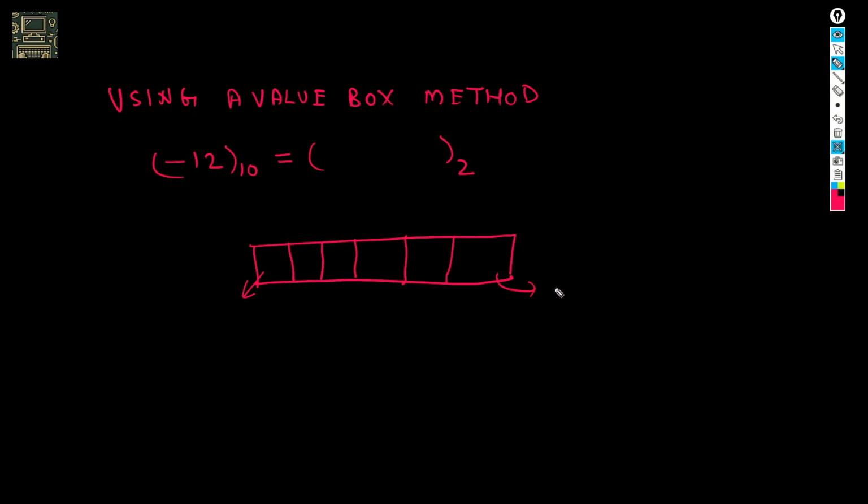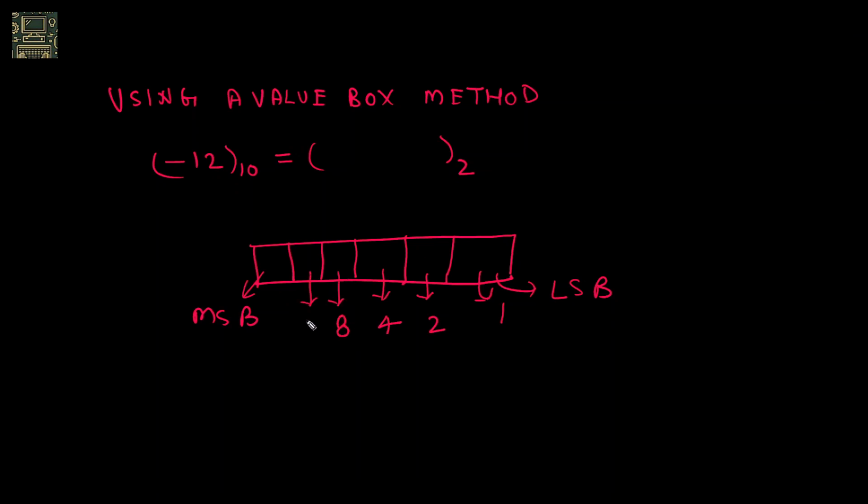This is the least significant bit and this is the most significant bit. This bit will have a weightage 1, then 2, then 4, then 8, then 16, and the MSB will have a weightage which is a negative value. Always the MSB has a negative weightage.